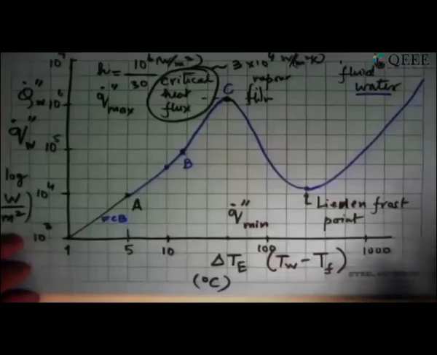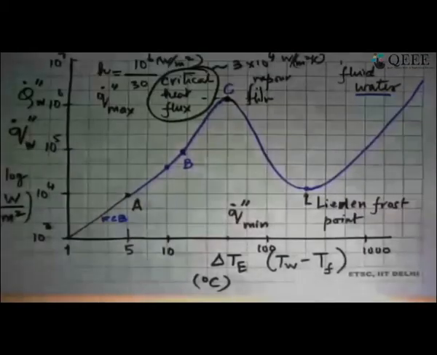Okay, is there any possibility of increase in temperature gradient after the Leidenfrost point? If it is so, under which conditions? I am not able to clearly figure out what the question is.